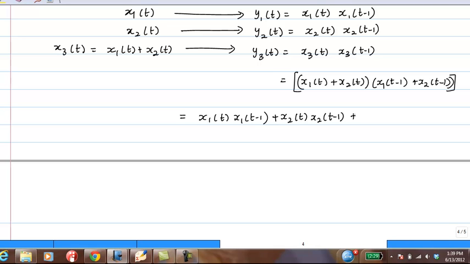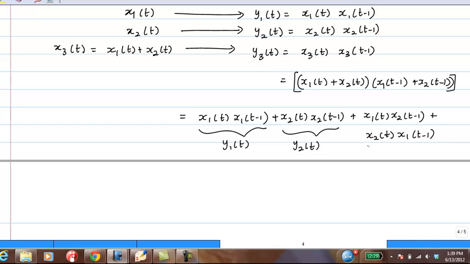But I also get the cross terms, which don't actually go away. So this part is actually y1, this part is actually y2, but I end up with something more. And so y3 of t is not equal to y1 of t plus y2 of t. So it does not satisfy the superposition property in this case. Okay?